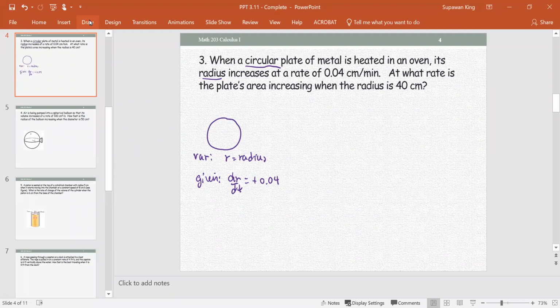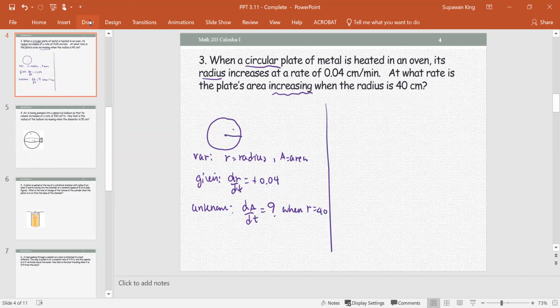At what rate is the plate's area increasing? That's the unknown. Let A be the area of the circle. So the unknown is dA by dt, the rate of change of the area. And the hint, the area is increasing, so the sign of dA by dt is going to be positive. We are going to find dA by dt when the radius equals 40 centimeters.